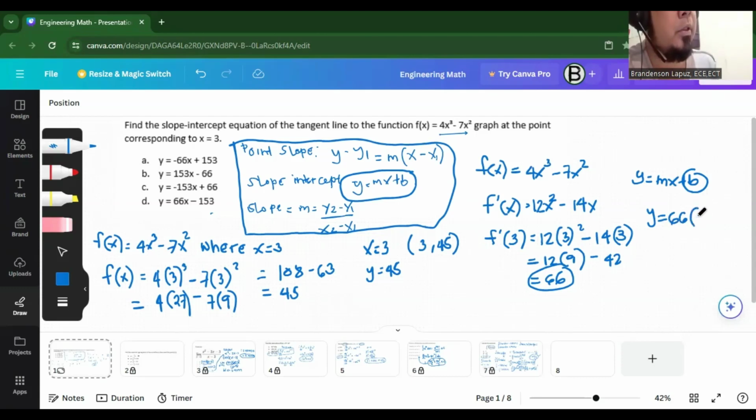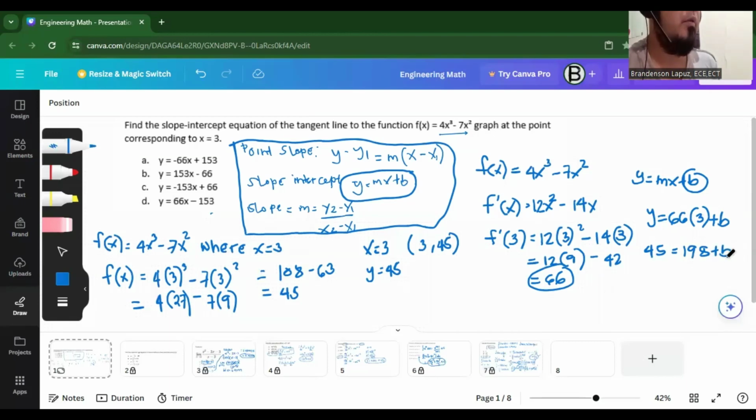Your x is 3, plus b, where y equal to 45. So 45 equal to 66 times 3, which is 198, plus b.